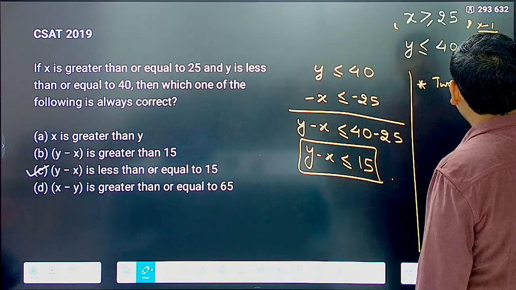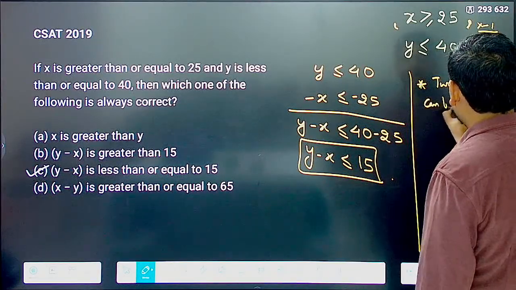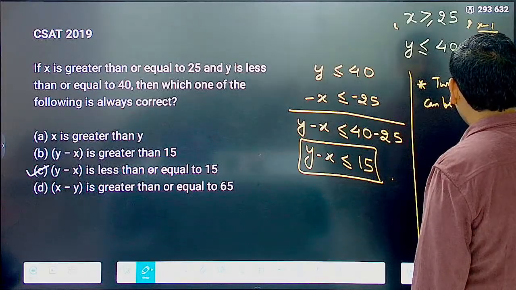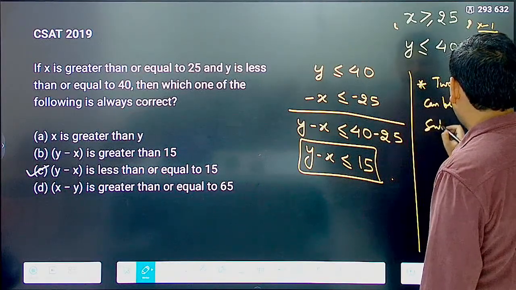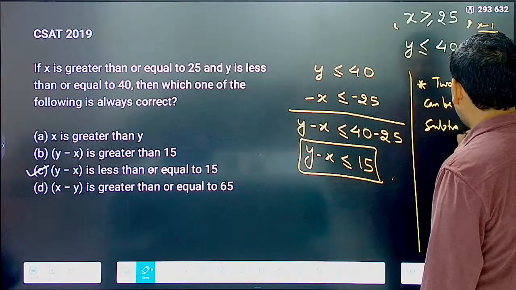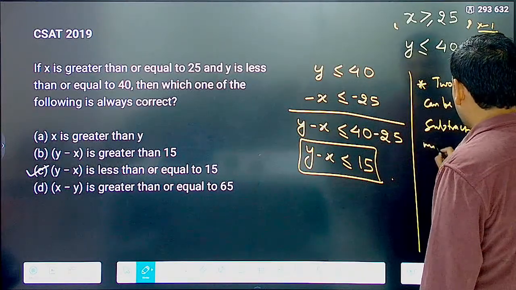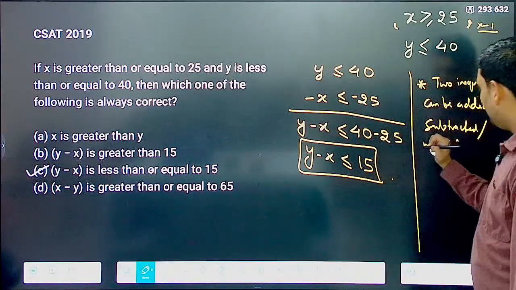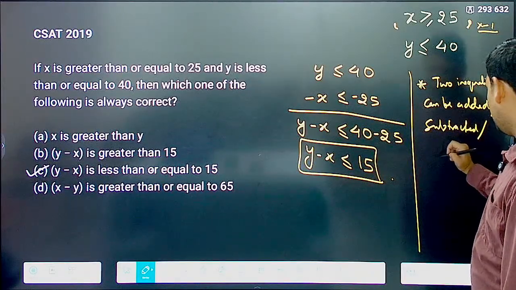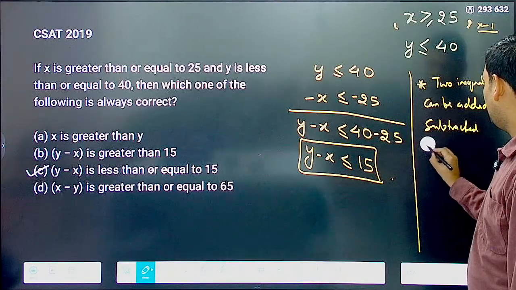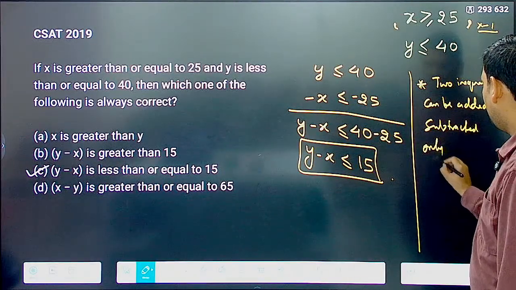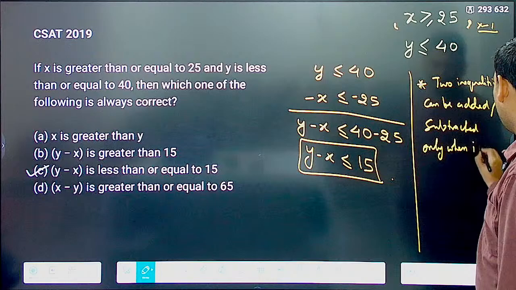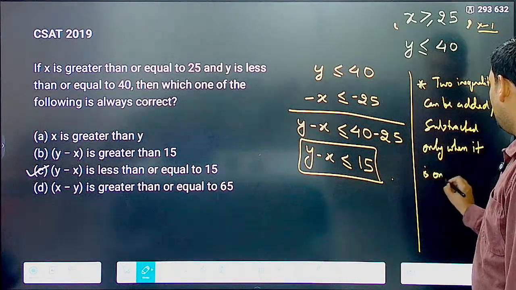Always remember, two inequalities can be added or subtracted and even multiplied, actually. Multiplied, let it be, sometimes sign issues may be there. Only when they are on the same side.